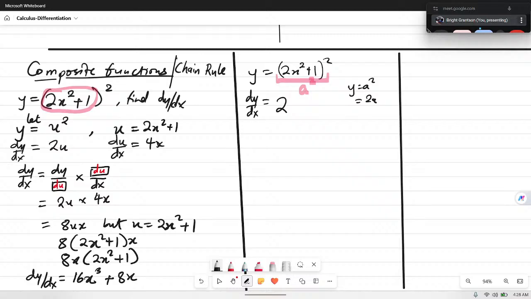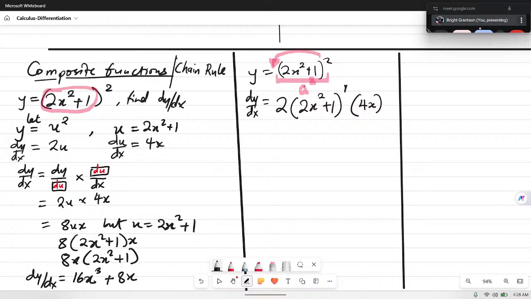Yes. Very good. That's what we are doing over here. So the 2 comes in front. The 2 moves from here over here to become a coefficient. Then this maintains 2x squared plus 1 with the exponent of 1. Then you also multiply by the differential of the inside. When you differentiate what is in the bracket, what will you get? 4x, right?